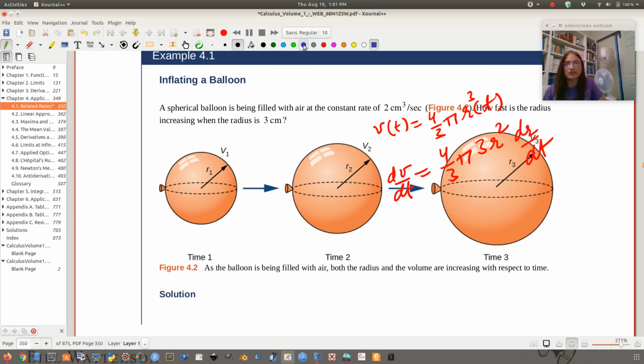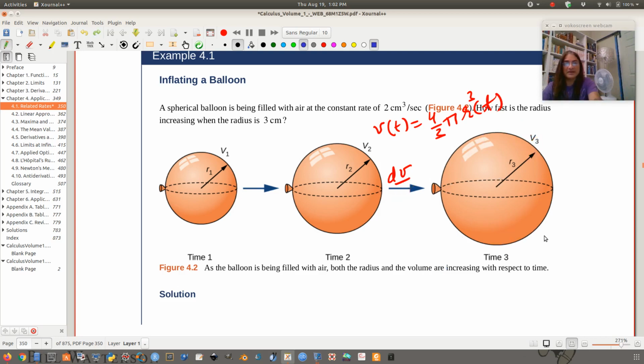Okay, so 3 and 3 cancel, and we are given dV over dt, which is 2, so this is equal to 2, and the radius is given as 3. So dr over dt is simply dV over dt, 2, divided by 4 pi r squared, where r is 3, so 9. So 2 over 36 pi.